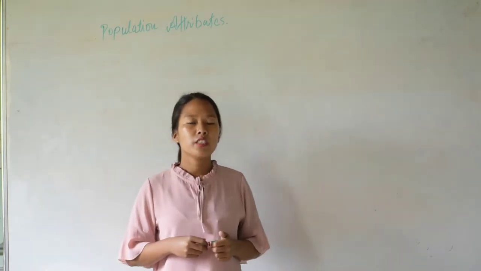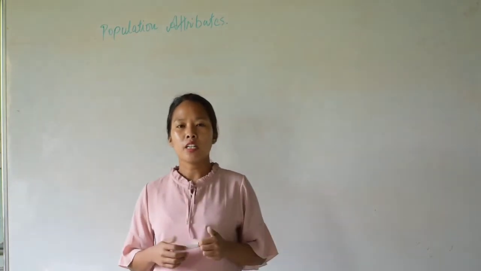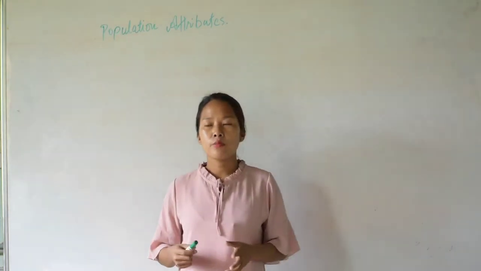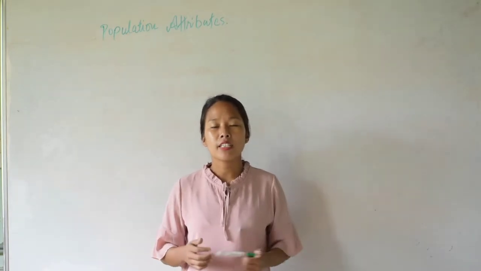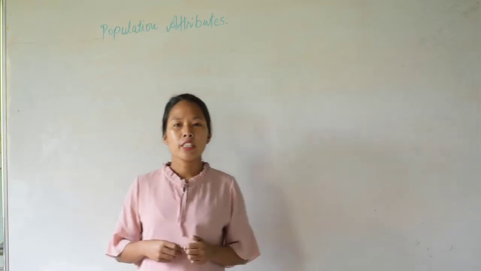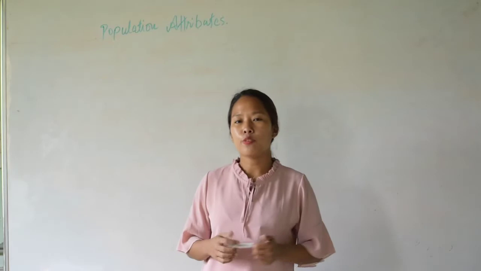Now, although this interbreeding implies only sexual reproduction, a group of organisms resulting from asexual reproduction is also considered as a population for ecological studies. Now, what do you mean by attributes?